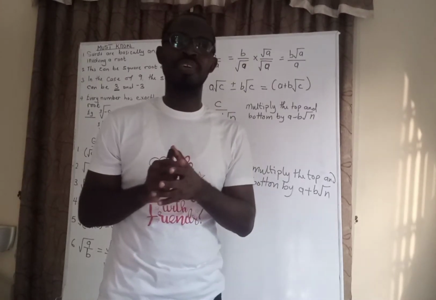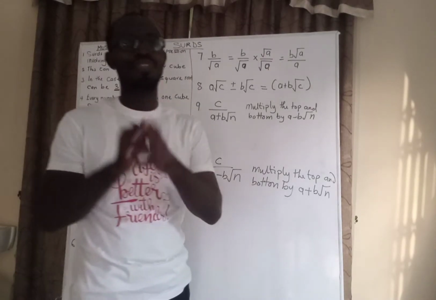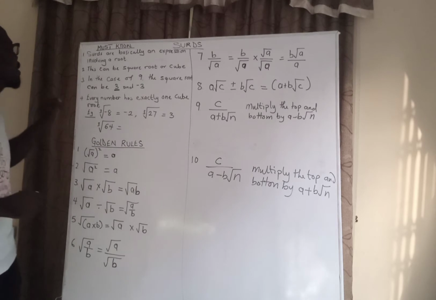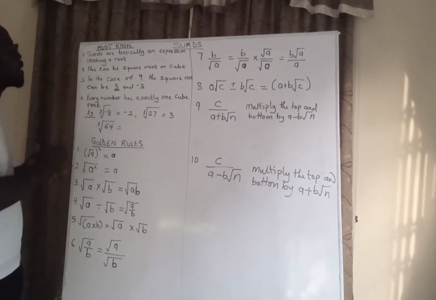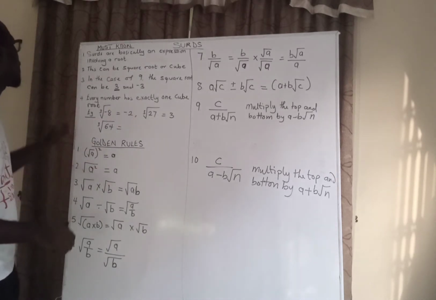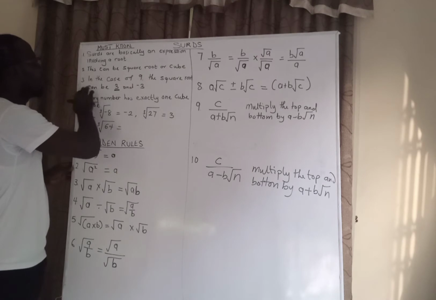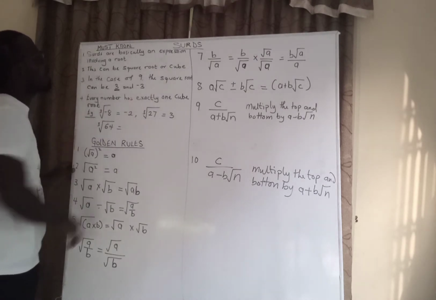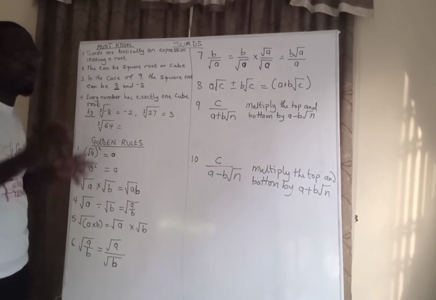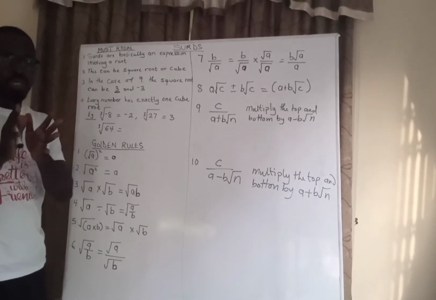I call it a game because it is very interesting if you understand how it is applied. The first thing I wrote is that surds are basically expressions involving roots, as I have stated earlier. This can be in the case of a square root or a cube root, etc. It can go on depending on the situation at hand.